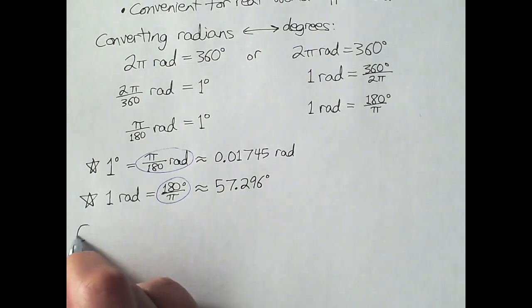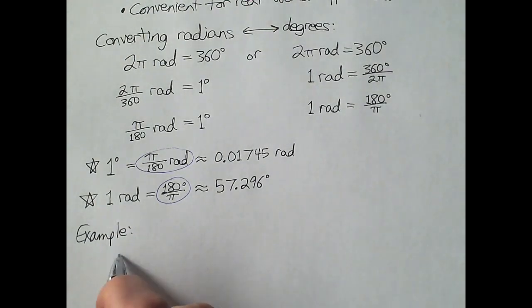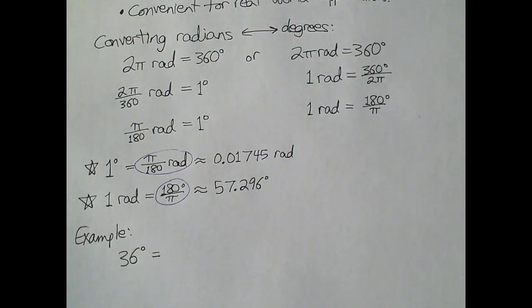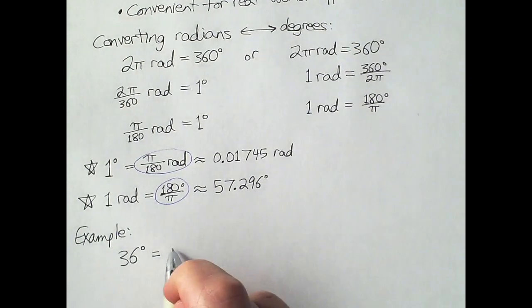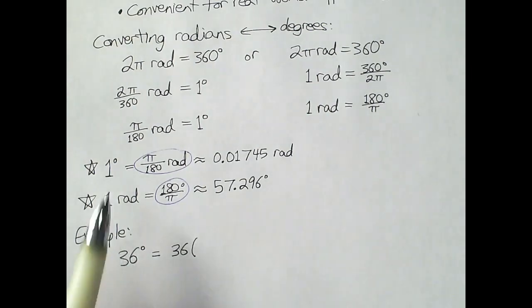I'll show you an example. 36 degrees. Let's say how many radians is 36 degrees? Well, I want to convert from degrees to radians. I'm going to take 36 times, which one of these do you think I need to multiply by?